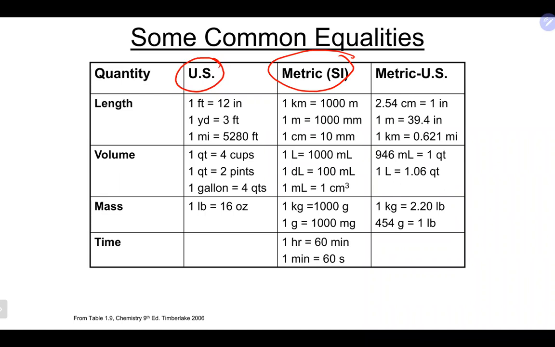You have to be aware of it when you cross over. If you're using a conversion factor that is a combination of metric to English, you should look at the significant figures in the conversion factor.